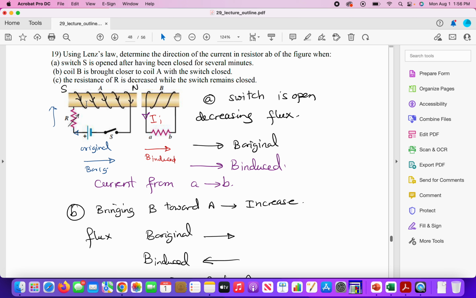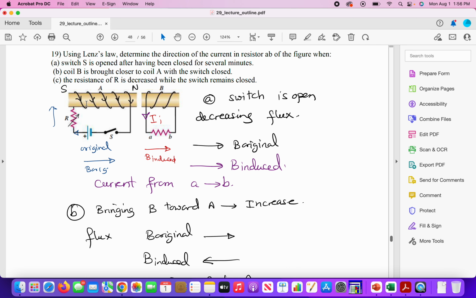You will use your fingers curled in the direction of the current, and then your thumb is going to point towards the north, and then the other one should be in the same direction, and then again you are going to use the same right hand rule to find the direction of the current.